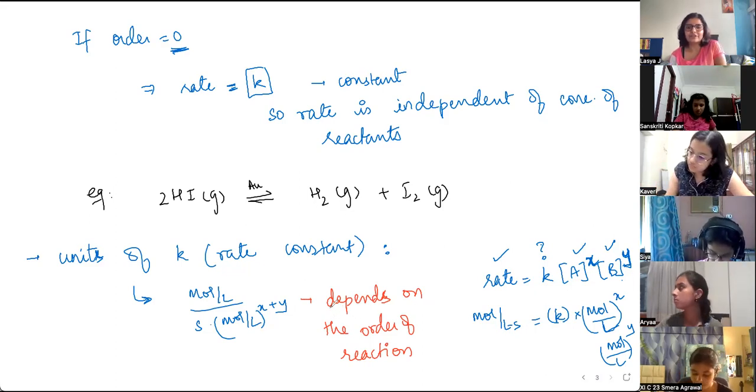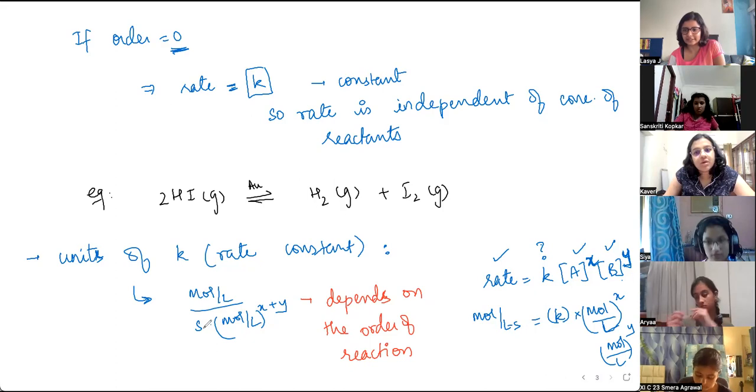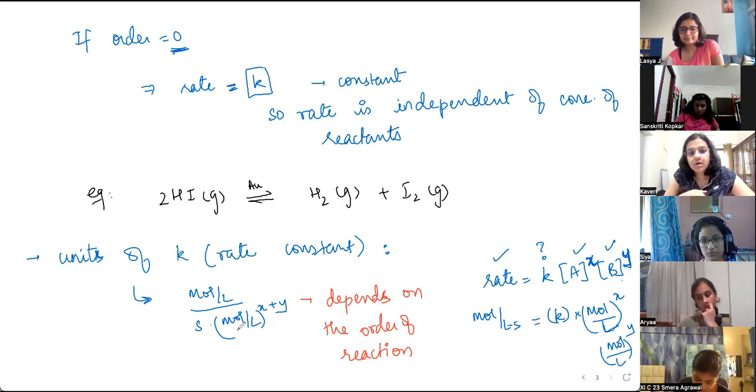Okay, but if the order of the reaction is 1, means that x plus y equals 1. So ye pura cancel, okay? Unit of rate constant is just second inverse or per second. What is the point of the example that you've given?